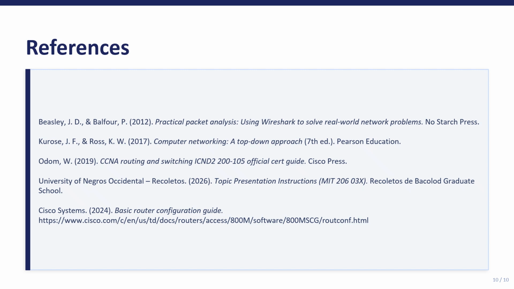The primary networking textbooks I used are Kurose and Ross for networking fundamentals, and Odom's CCNA guide for Cisco configuration. Beasley and Balfour provided practical packet analysis context. The topic presentation and structure guided the structure of this report. And the Cisco official documents provided the most current CLI syntax. Thank you very much.